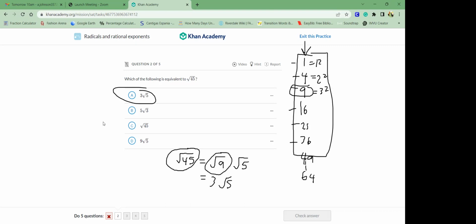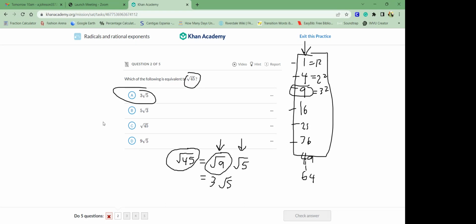We break down the root 45 into two radicals, and then the next step is to ask what's the root of 9. We know it's 3. The idea is just to break down the radical into something simpler. You know how they say simplify? All we're doing is simplifying the root 45.